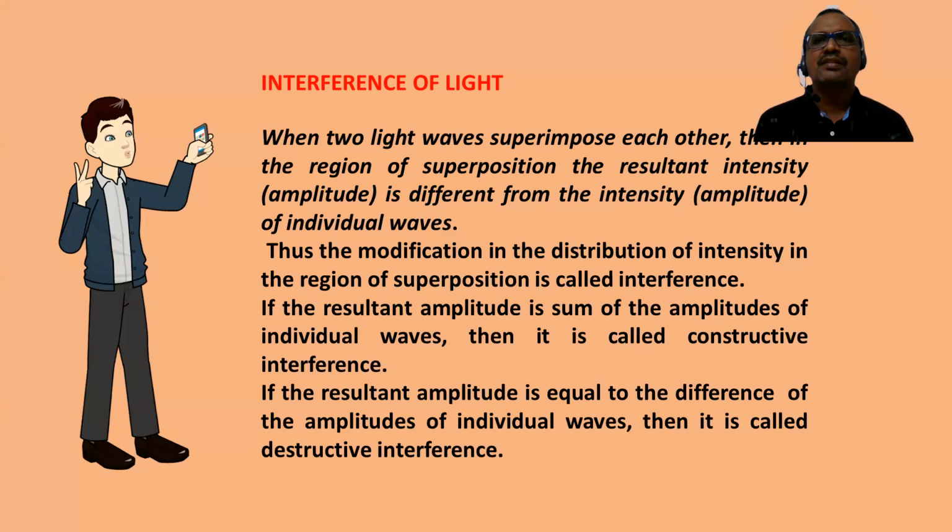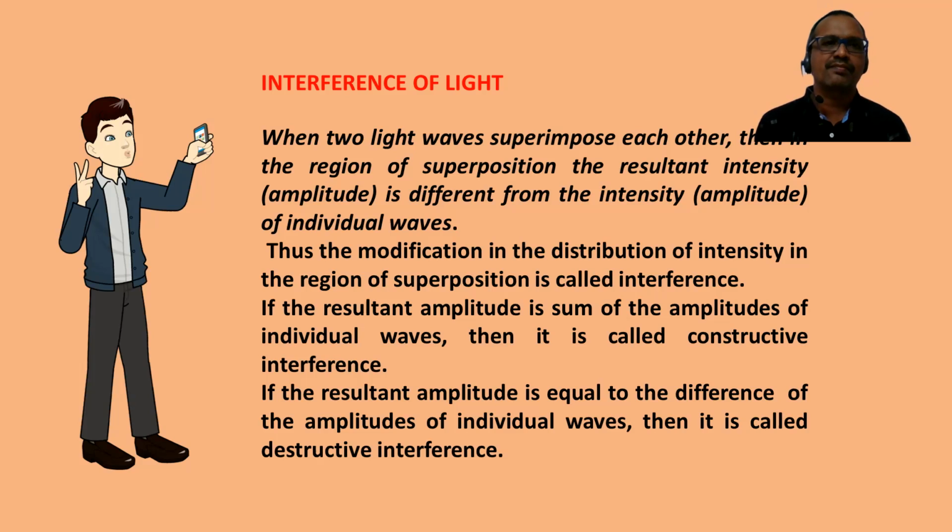If the first wave has some intensity I1 and the second wave has intensity I2, then in the region of superposition the resultant intensity will be different from I1 or I2. Thus, the modification in the distribution of intensity in the region of superposition is called interference. Simply, if anybody asks what interference is, in a single line we can say it is the modification in distribution of intensity in the region of superposition.